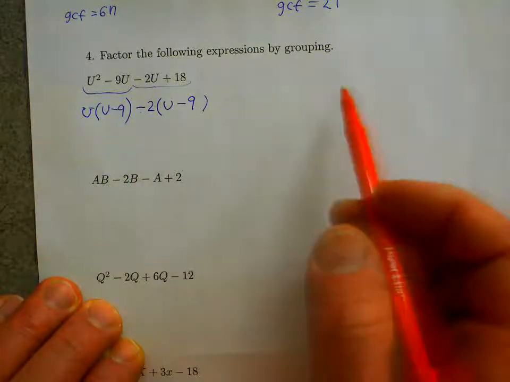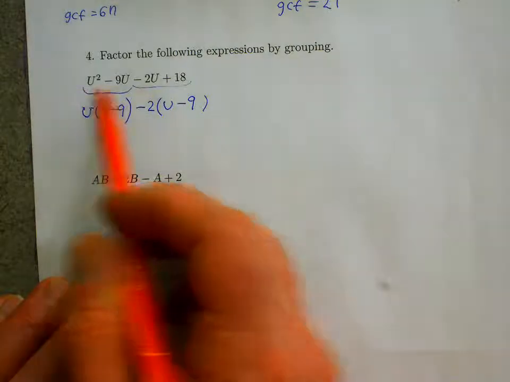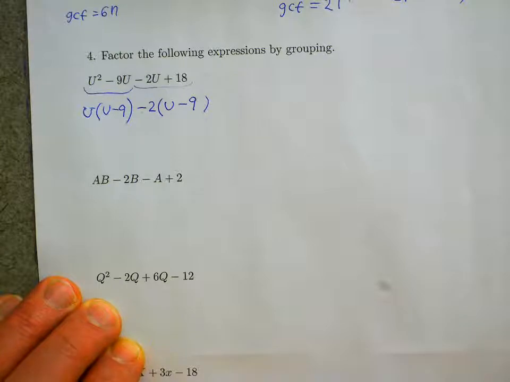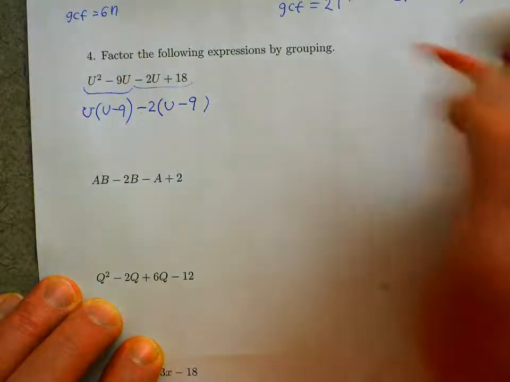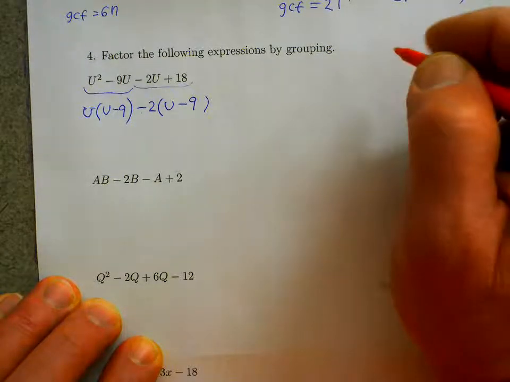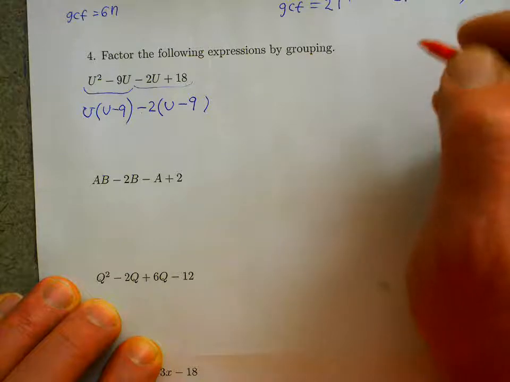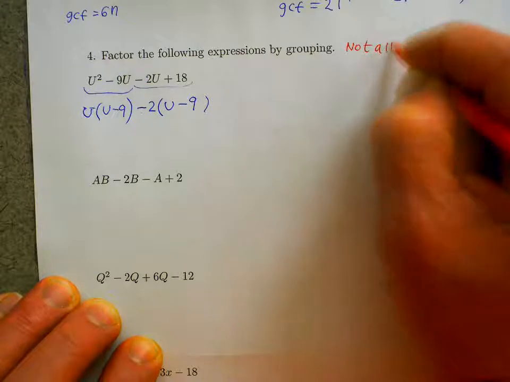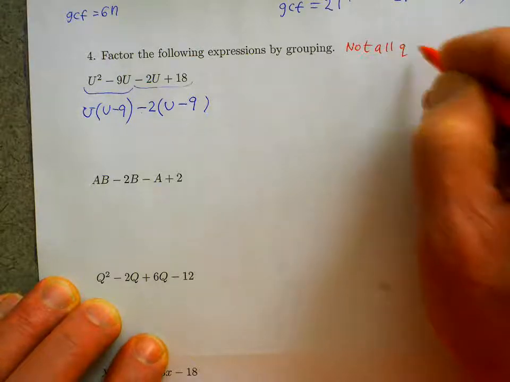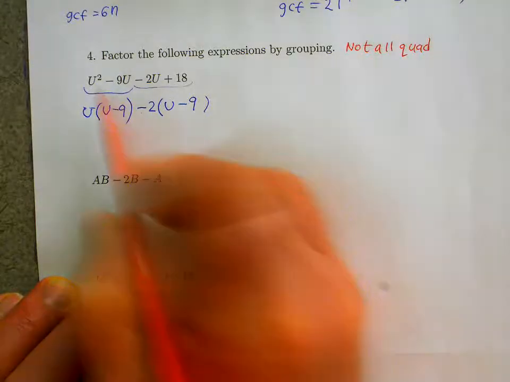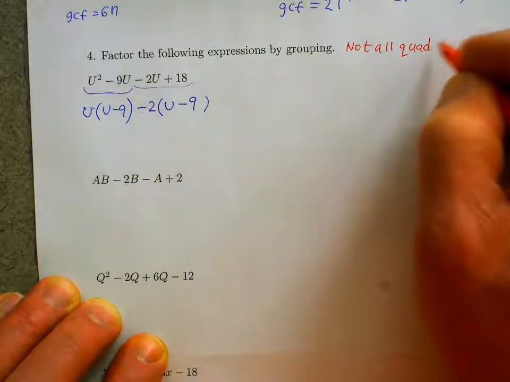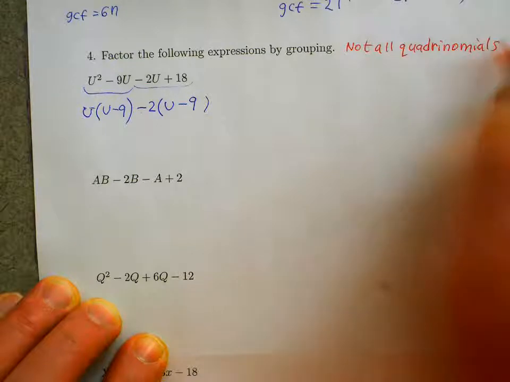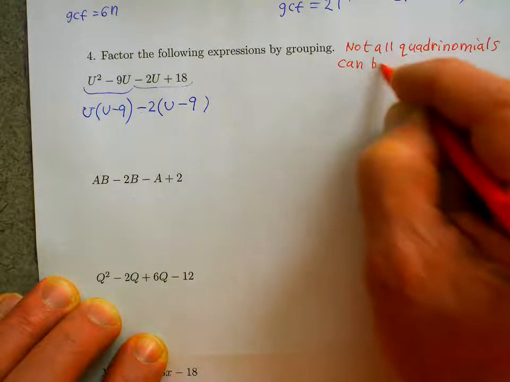So I'll back up a little bit. We're factoring a quadrinomial by grouping, and it's useful to know that not all quadrinomials, which means a polynomial with 4 terms, not all quadrinomials can be factored by grouping.